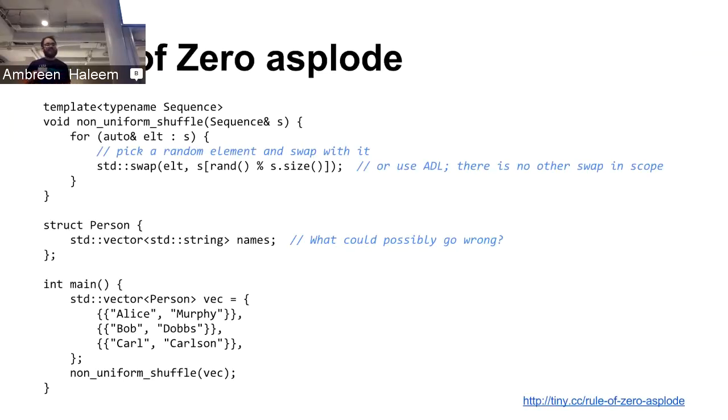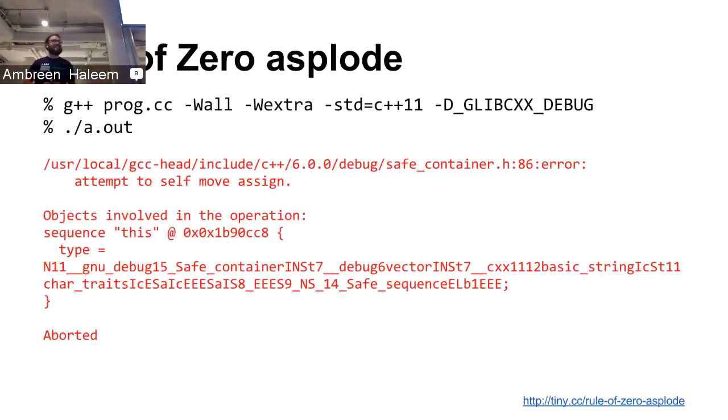When that happens, we end up swapping an element with itself. When that happens, at least on GCC in debug mode, you get an assert fail at runtime. It says error attempt to self-move assign, and it just crashes your program. Doesn't even throw an exception, just boom, dead.